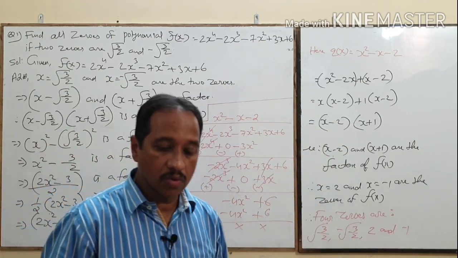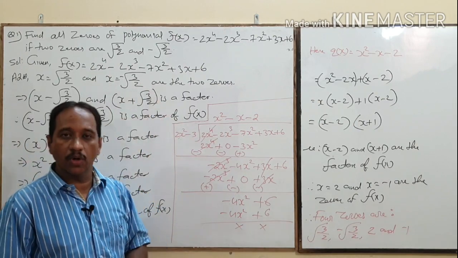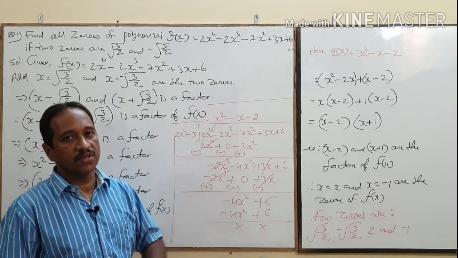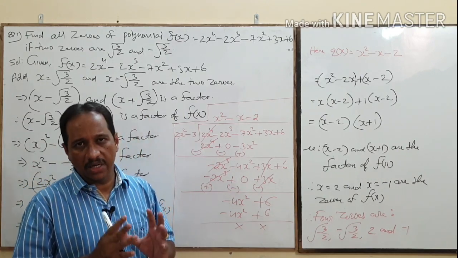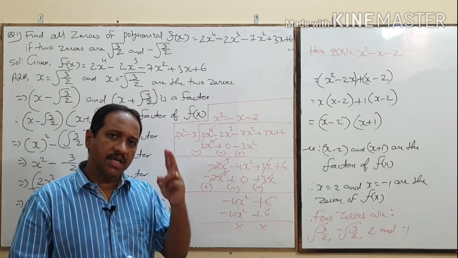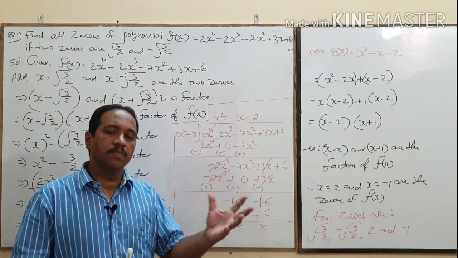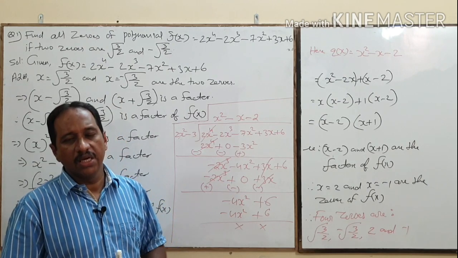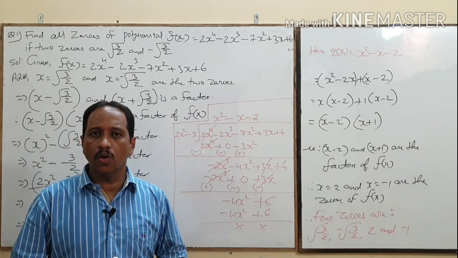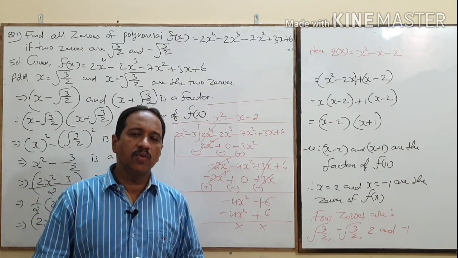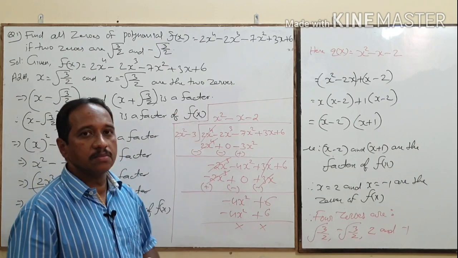This is how to find the remaining two zeros of a biquadratic polynomial when two of the zeros are given. So whenever you are given a biquadratic polynomial, you will be given two zeros and you will have to find the remaining two zeros. In case of a cubic polynomial, you may be given one zero or one factor, and you will have to find the remaining two zeros by the same procedure.